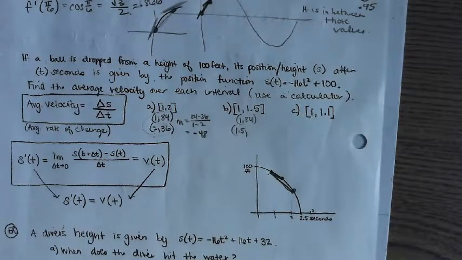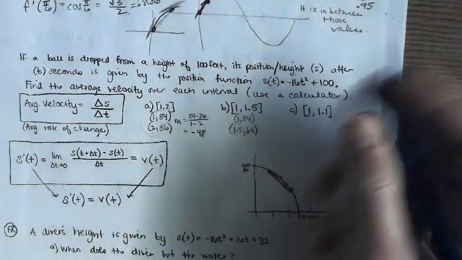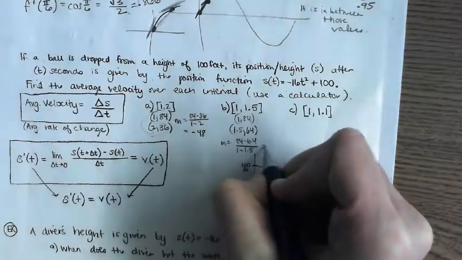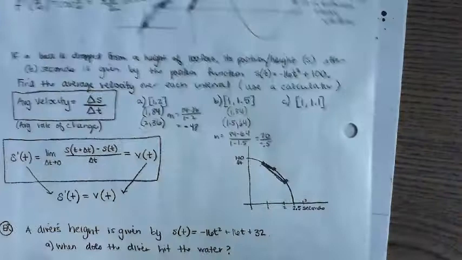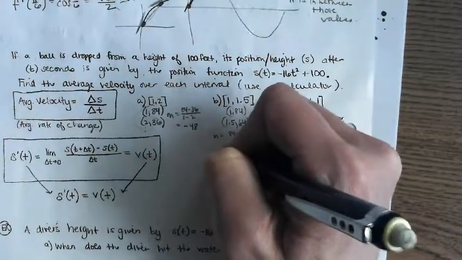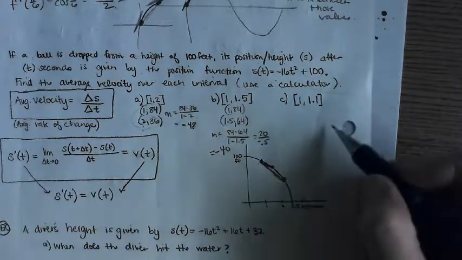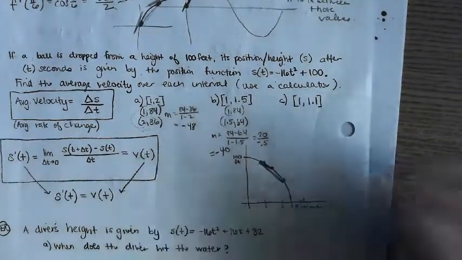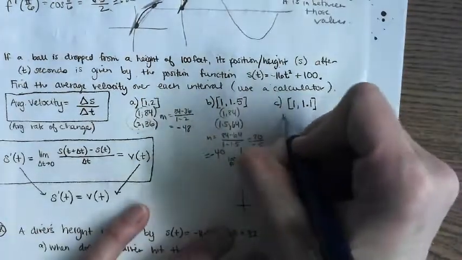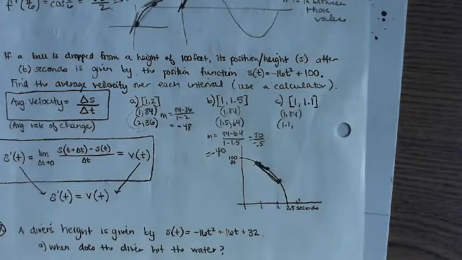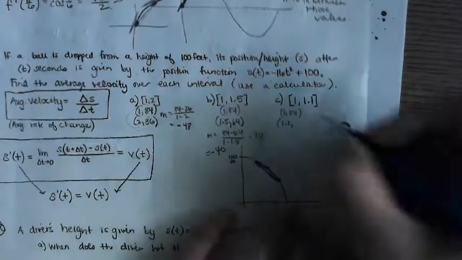Negative 16 times 1.5 squared plus 100 is 64. So that slope formula is going to be 84 minus 64 over 1 minus 1.5, which is going to be 20 over negative 0.5, which is going to be negative 40, like we thought. Still negative, not as steep. And between 1 and 1.1, still negative, but not as steep. So 1 and 84. And then 1.1, I'll do it with my calculator, negative 16 times 1.1 squared plus 100 gives us 80.64.